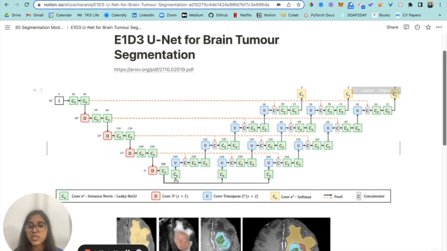And then from this point, you go on to these blocks, this one and this one, where you apply the same convolutional, instance norm, and leaky ReLU function, and then you move on to upsampling. With the upsampling, you're using transpose convolutions, and you're also using a stride of 2.